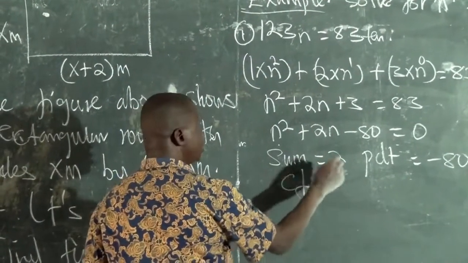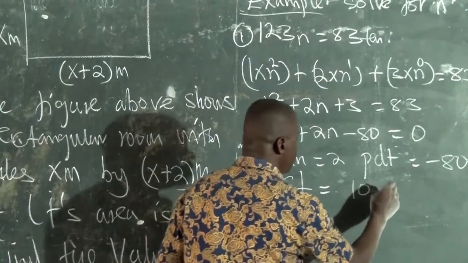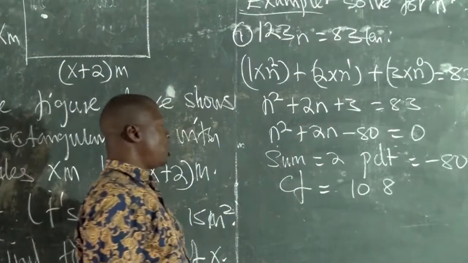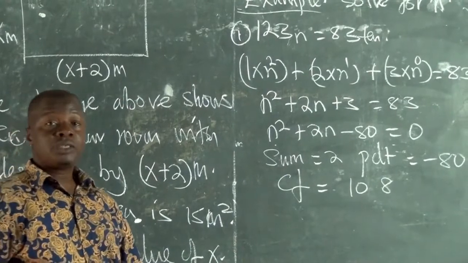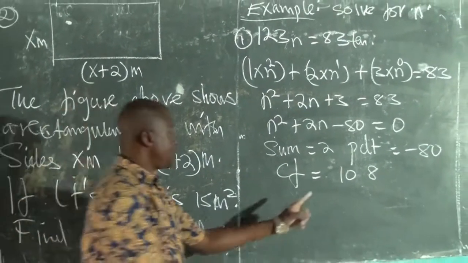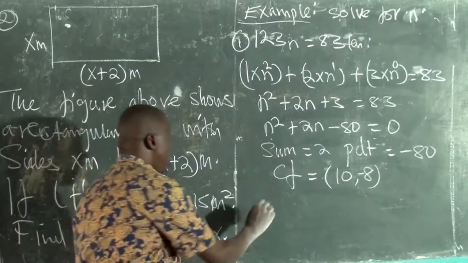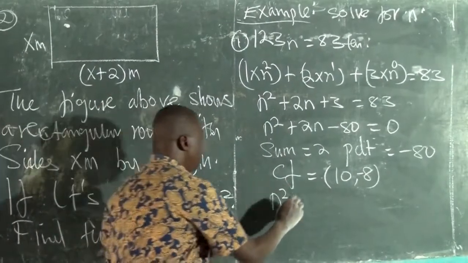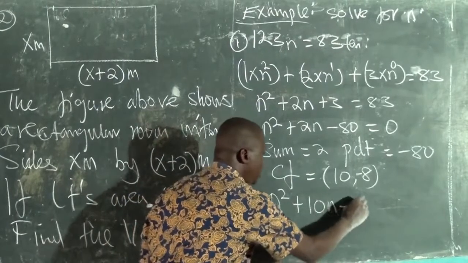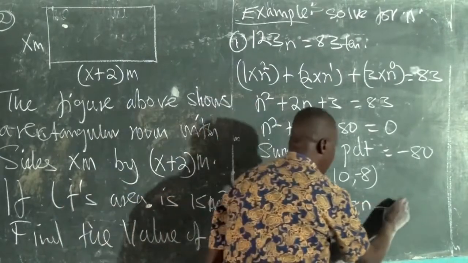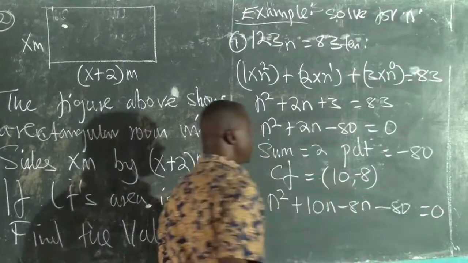Common factors, we have 10 and 8. But of the two numbers, one is supposed to be positive, that is 8. In summary, we have n squared plus 10n minus 8n minus 80 equal to 0.